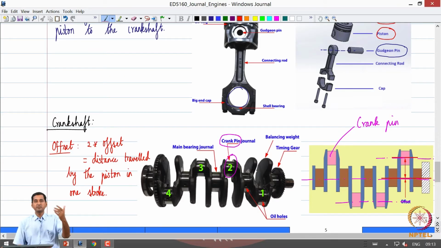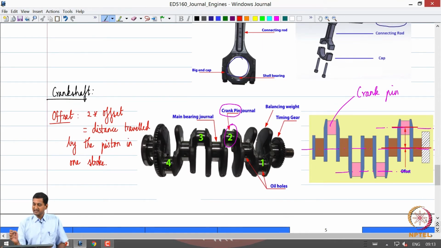Obviously, if my piston is at what is called a top dead center, we will define top dead center and bottom dead center shortly, and let us say the piston is at the top of the cylinder, it moves to the bottom of the cylinder. During that motion, this crank pin is going to rotate by 180 degrees. So, the stroke of the piston is going to be equal to 2 times the crankshaft offset. That is the definition of this crankshaft offset.